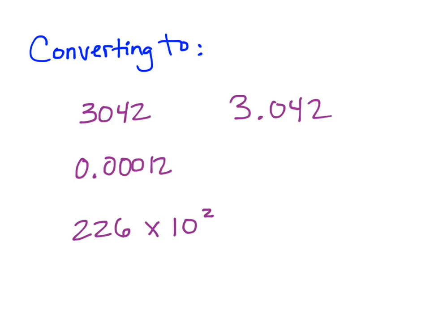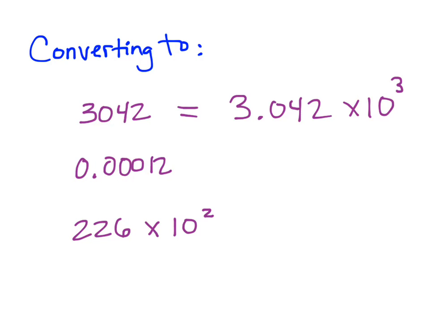So what you want to do to finish the scientific notation, we want to write 3.042 times 10 to a power, and it's whatever power would be needed to move the decimal back to where it was in the original number. Right? So from 3.042, I would need to move it 3 places to the right, right? Or I could say multiply by 10 to the 3rd, and then that would equal 3042.